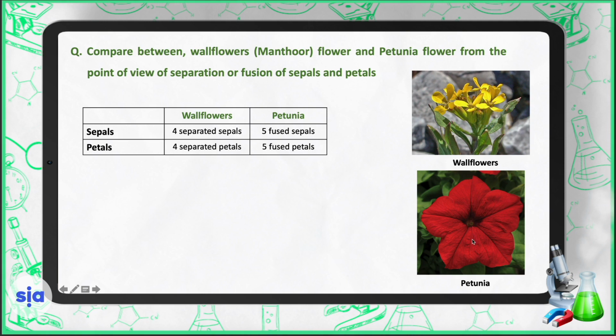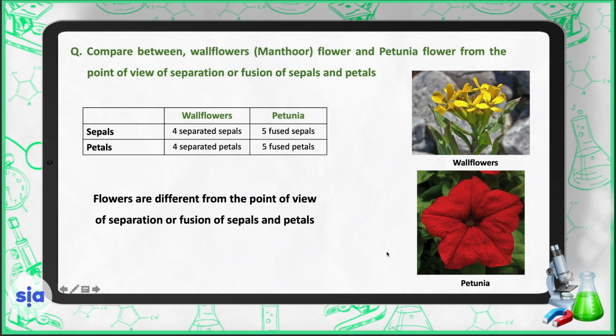In petunia, there are 5 fused sepals and 5 fused petals. 1, 2, 3, 4, 5, and they are fused. Therefore, flowers are different from the point of view of separation or fusion of sepals and petals.